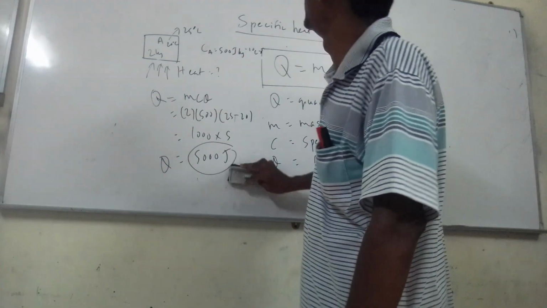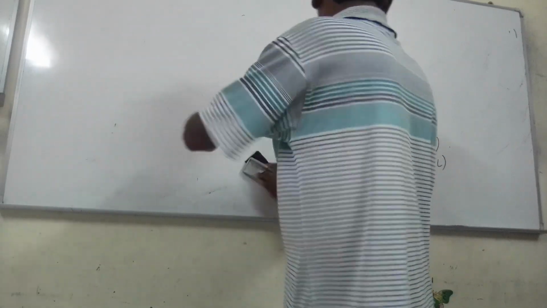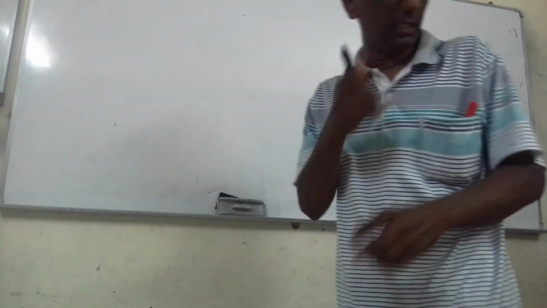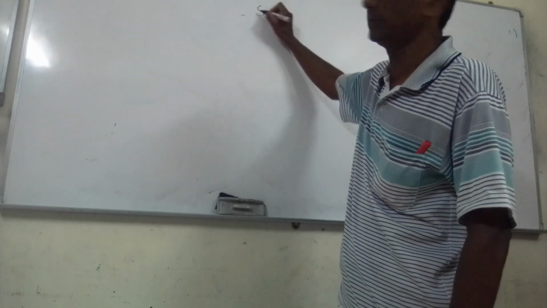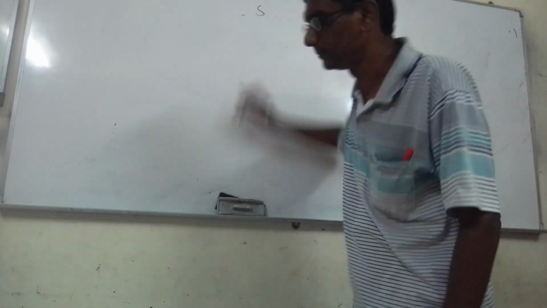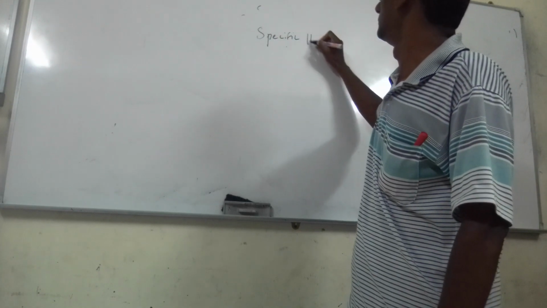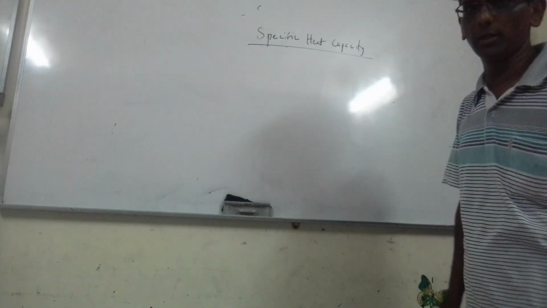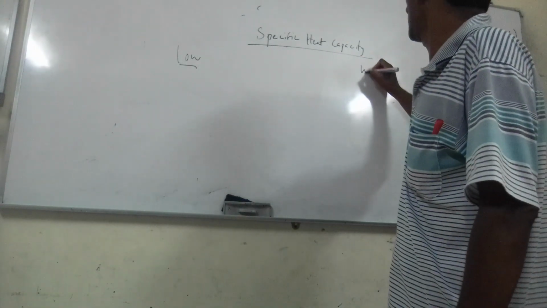Okay, and this one, we are going to learn something like a theory: specific heat capacity, low specific heat capacity and high specific heat capacity.